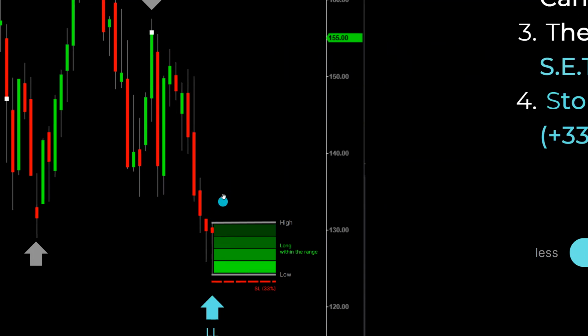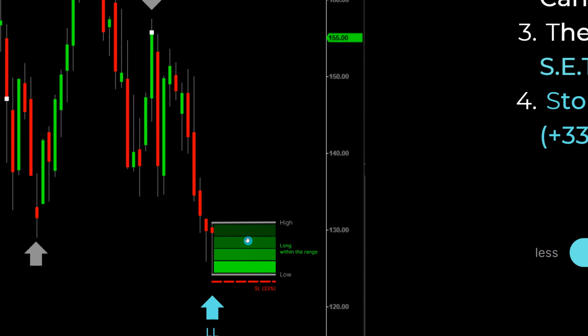A confirmation above the high, and then we come back into this area. Also fine. Then we move into this area here, and you see this. Okay, great. It is a buying opportunity. You can buy also here. You can go long within the range.